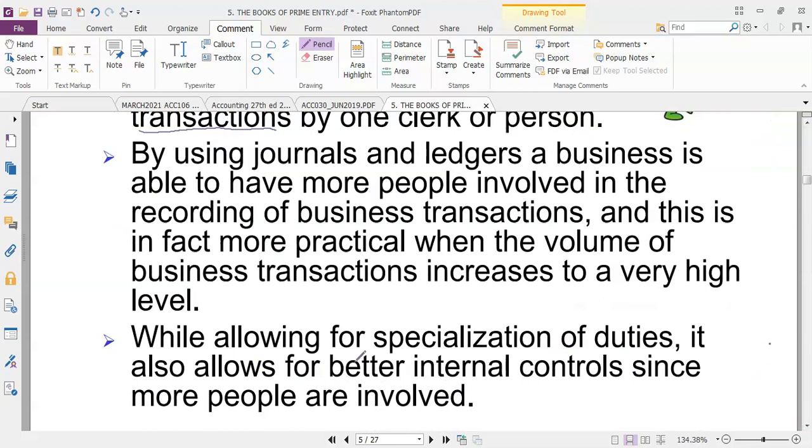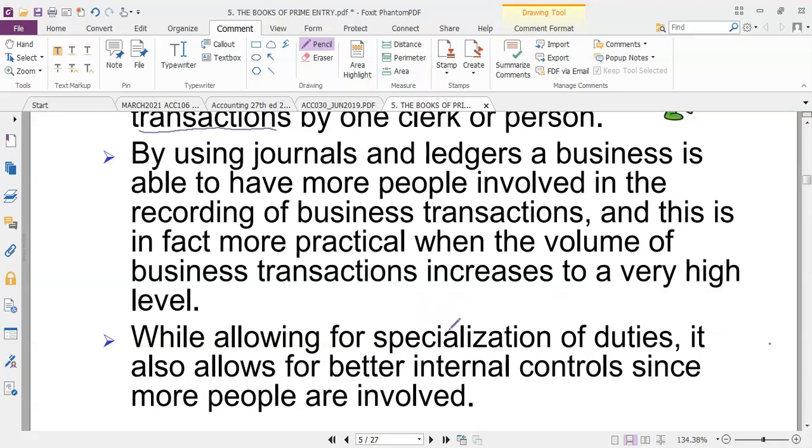So, journal ni adalah satu proses untuk kita record. Kita nak record transaction tu kepada journal-journal tertentu supaya senang untuk kita buat ledger after kita buat journal. While allowing for specialization of duties, it also allows for better internal control since more people are involved. Kalau kita kena buat journal, kita akan hire another person. For example, let the account clerk do the ledger, and let another person or clerk do the journal. So kita ada involve more than one people.